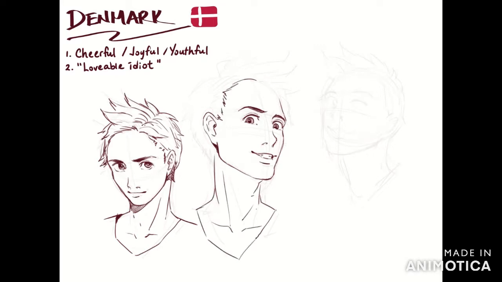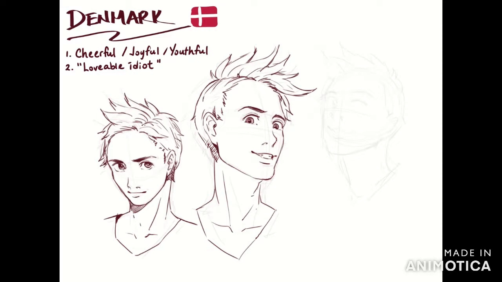The other thing that gives me some trouble sometimes is trying to figure out how to represent Denmark's masculinity, because he is a very masculine character, but at the same time, he's also very boyish and young. So, the way I found to do it is first of all to draw his jawline quite large, and then the neck quite thick, and the brows also quite thick.